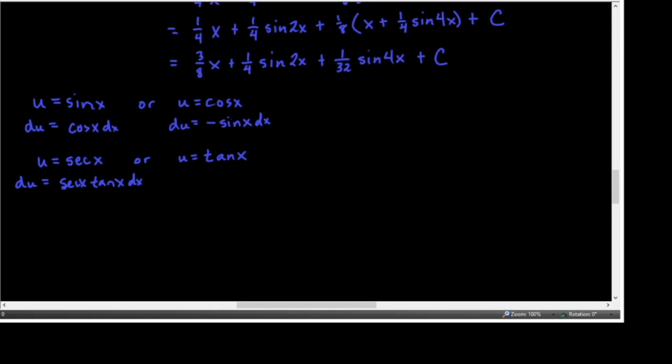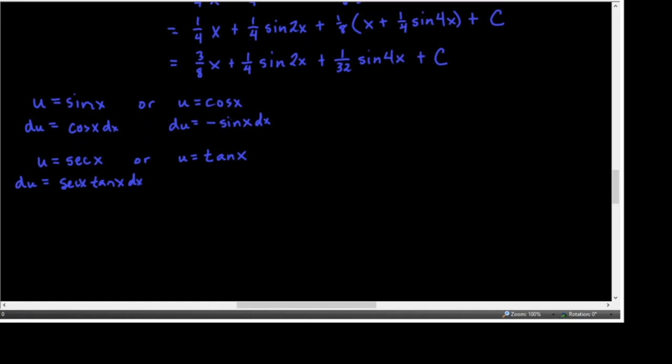And so you're going to be having to take a du that involves not just one thing, but two. And so that's going to be a little bit more challenging to try to get exactly that form. And our process will be kind of similar, but obviously not exactly the same as with sine and cosine.